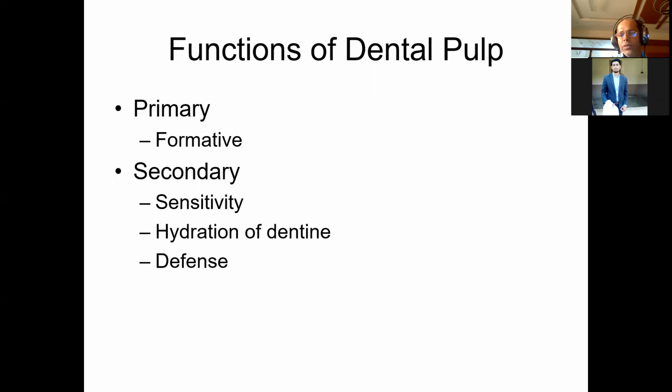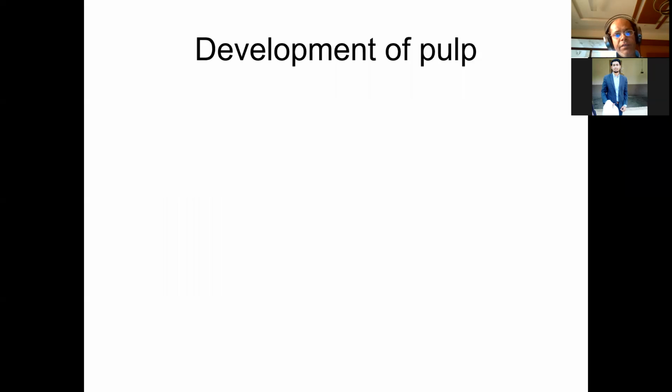All of it is due to the odontoblast cells, which are present in the pulp. These are active due to the disease and secrete more dentine that can prevent the infection from moving towards the pulp. This is the defense function of the pulp.